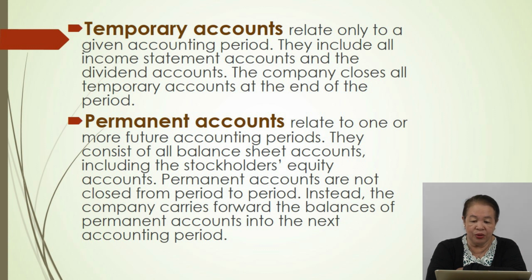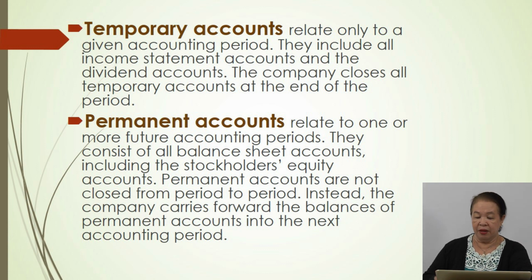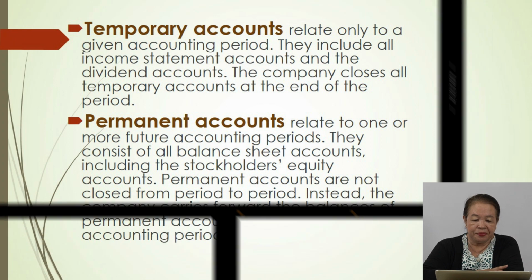So ano yung mga example? The balance sheet accounts, kasama na yung stockholders equity accounts, they are called permanent accounts and they are not closed at the end of the period or one taxable year. Kasi bakit? Kini-carry forward yung mga balances niya to the next accounting period. Okay.